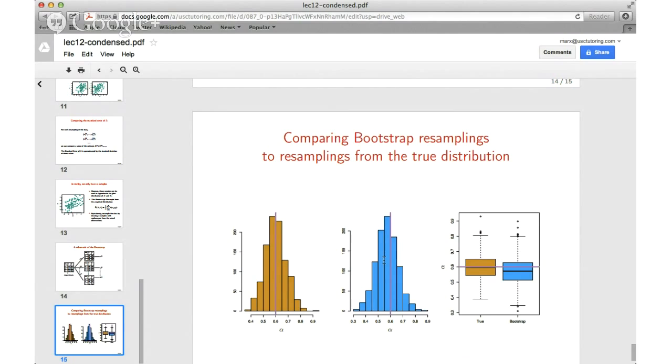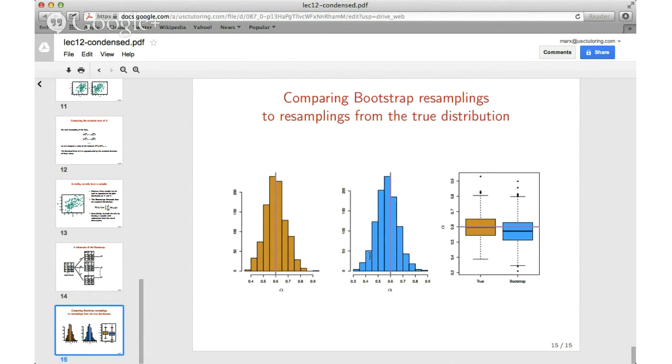So, comparing Bootstrap resamplings to resamplings from the true distribution: as you can see in the graph on the rightmost panel, the Bootstrap technique is very close to the actual true distribution, because that is the power of Bootstrap.